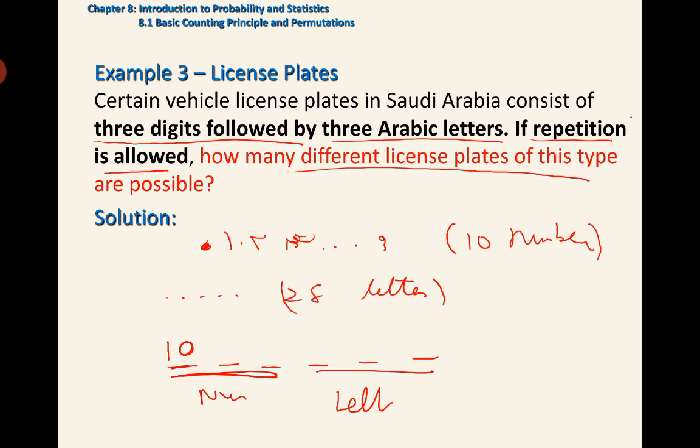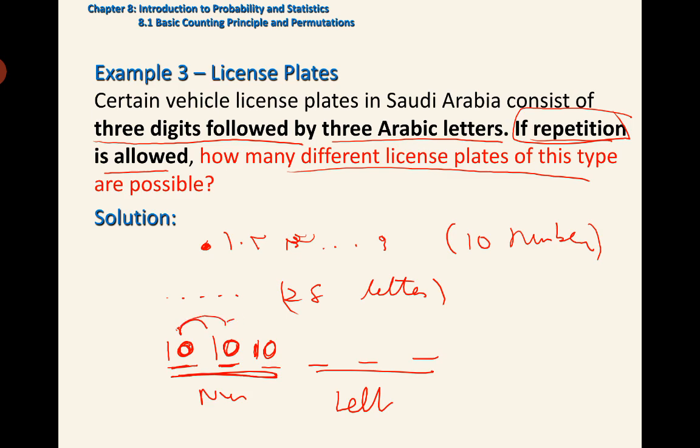If repetition is allowed, that's the first case. If repetition is not allowed, that's the second case. With repetition, the first number can be any of the 10 numbers, and you can use the same number again, so again any one of 10 numbers can come here. Again, out of 10 numbers, any one can come in the third position.